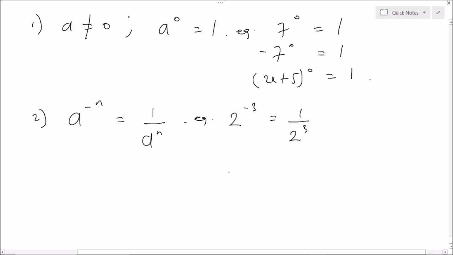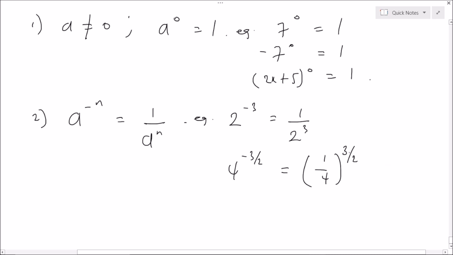Now, what if you have an exponent that is a negative fraction? Like, for example, 4 raised to power minus 3 over 2. We can still simplify by writing this as the reciprocal of 4, as (1 over 4) exponent 3 over 2.